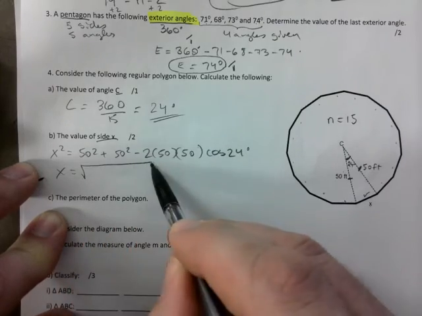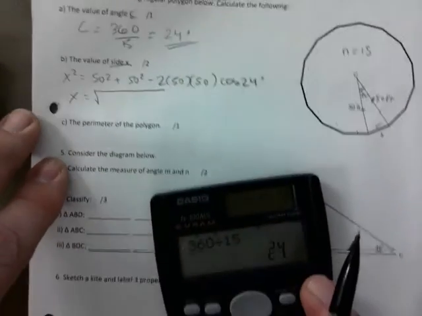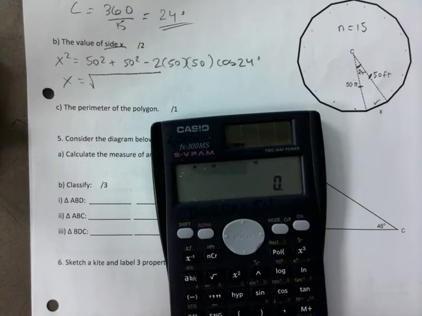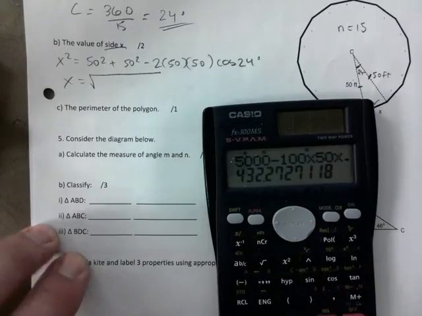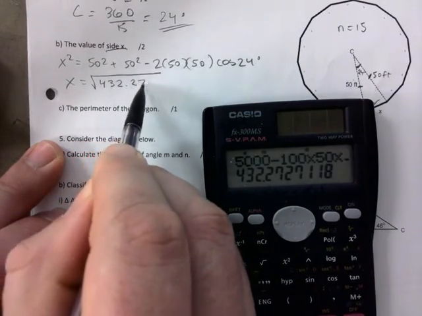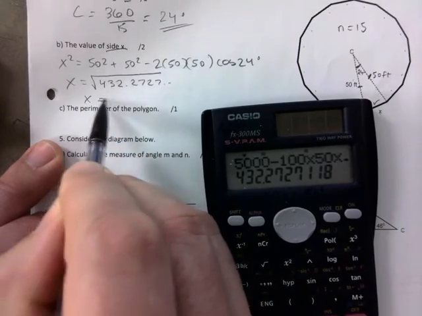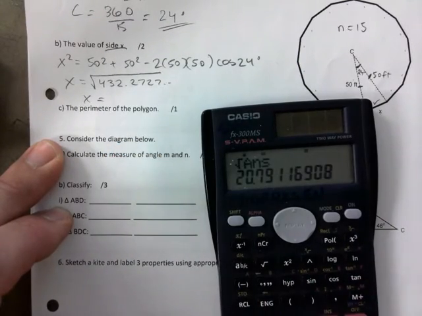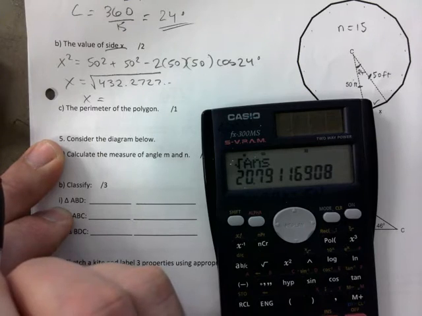If you have a calculator like mine, you can type that all in one shot. That is that. 2727 keeps going. Take the square root of that. 20.79.